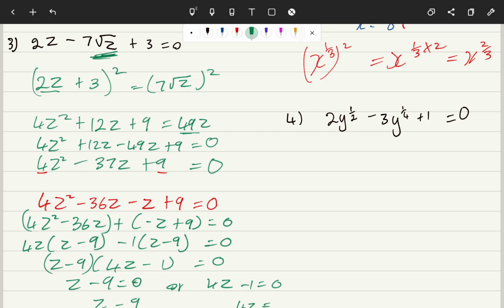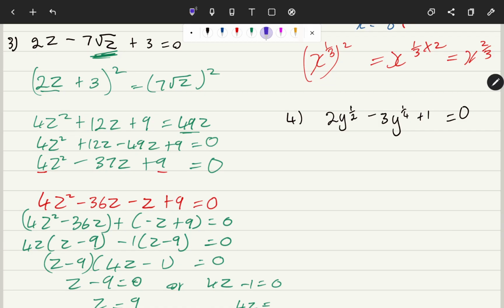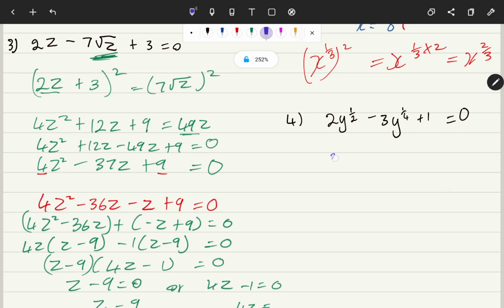So with number 2, let me use purple. Remember, with the last one, I had x to the power of 2 over 3, and then eventually I saw this is x to the power of 1 over 3, squared, and I let x to the power of 1 over 3 be k, right?